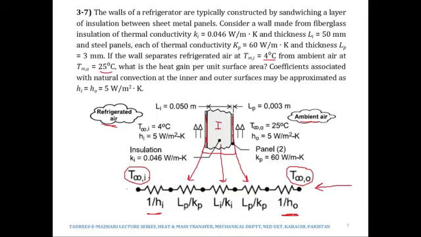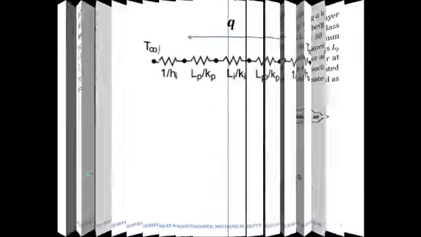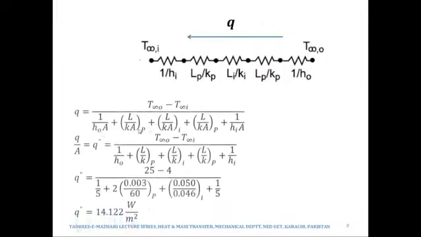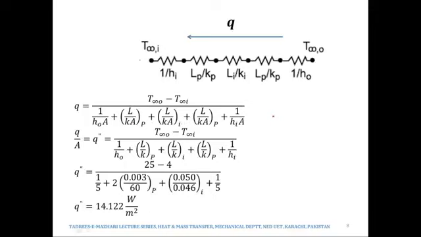We will write all the resistances that fall in between those two temperatures. Means all 5 resistances: 1 over h0, L over K of the sheet metal panel, L over K of insulation, L over K of panel again, and 1 over hi. So we will write all the 5 resistances in the denominator.